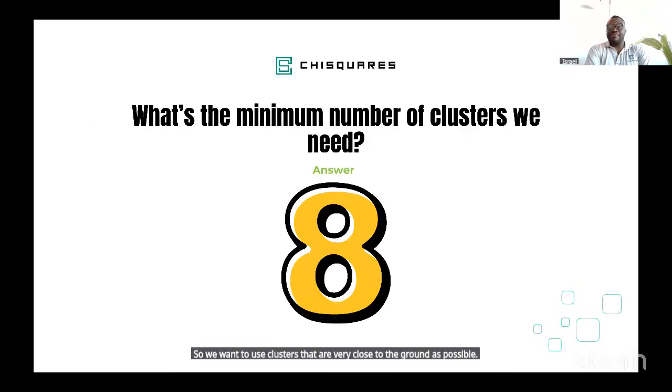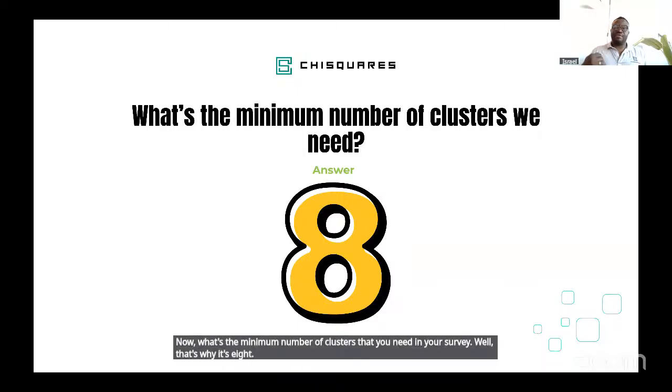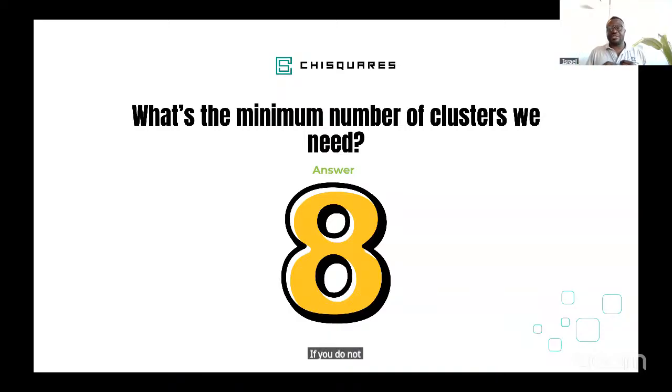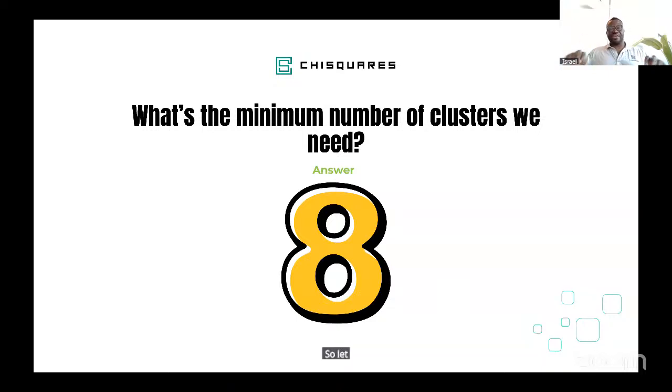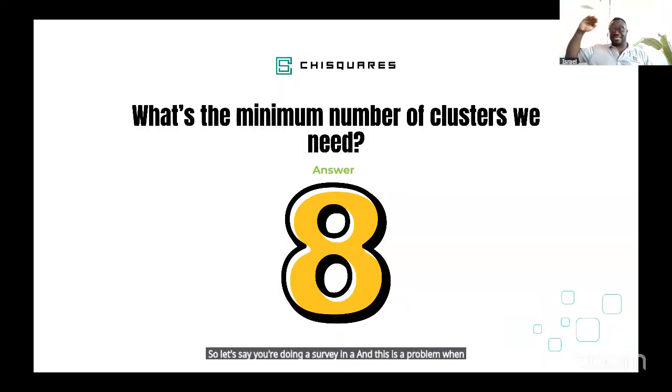Now, what's the minimum number of clusters that you need in your survey? Well, the answer is 8. If you do not have up to 8 clusters, that does not meet the precision rules by the National Center for Health Statistics, right? This is a problem when you end up using states as clusters.